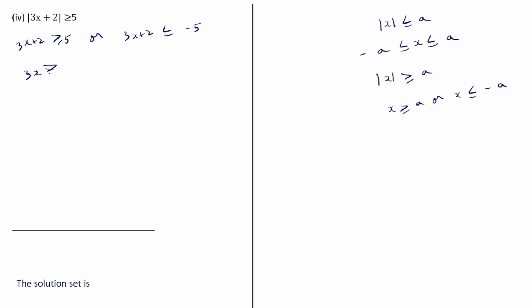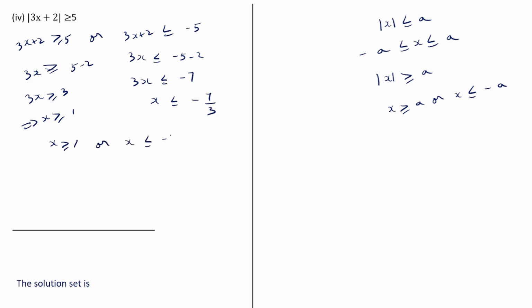So 3x greater than or equal to 5 minus 2, 3x greater than or equal to 3 or x greater than or equal to 1. And then here 3x less than or equal to minus 5 minus 2. So 3x less than or equal to minus 7, x less than or equal to minus 7 by 3. So we have x greater than or equal to 1 or x less than or equal to minus 7 by 3.